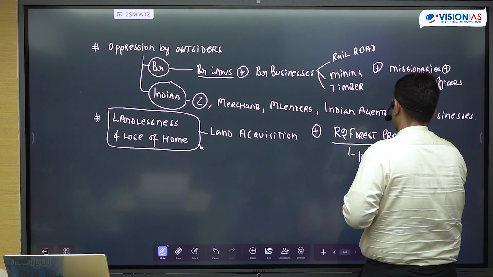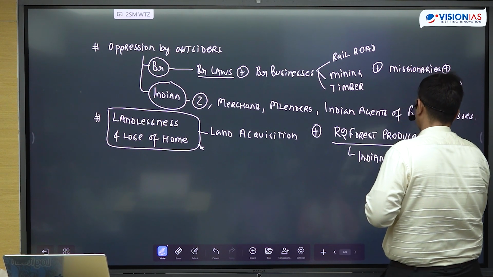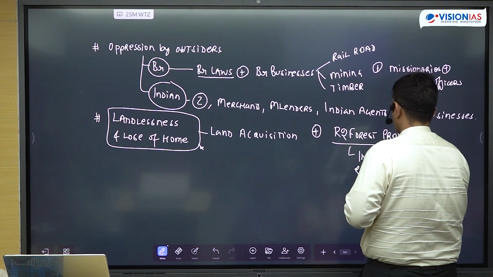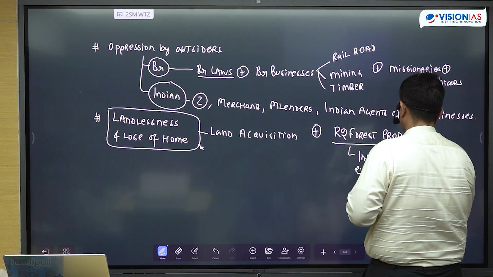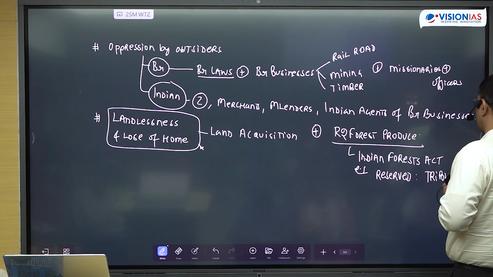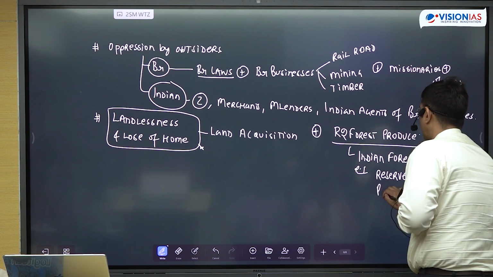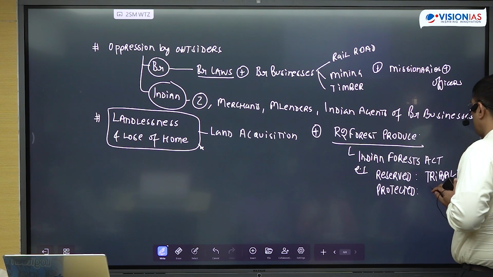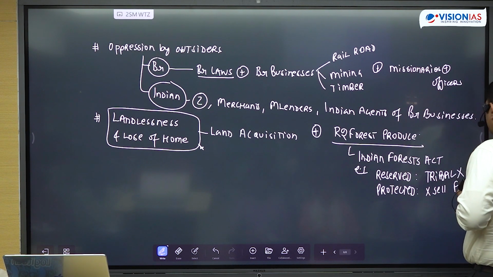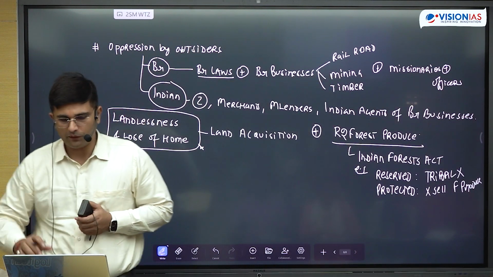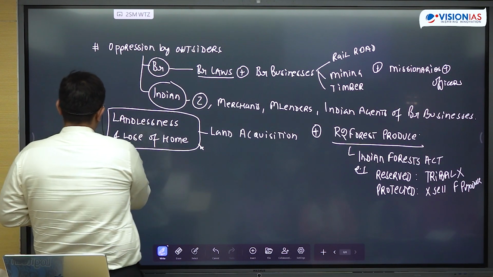The Indian Forests Act, for example, created reserved forests where tribals were not allowed, and protected forests where tribals could not sell the forest produce. They can use it personally, but they cannot sell it. So therefore this is what is happening.